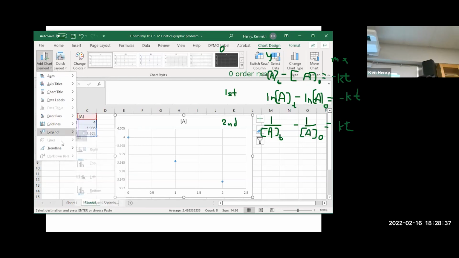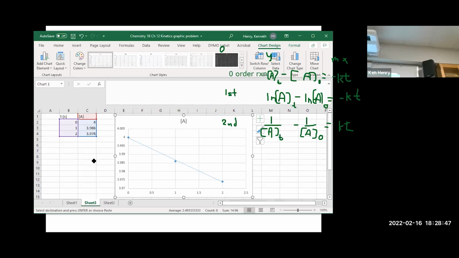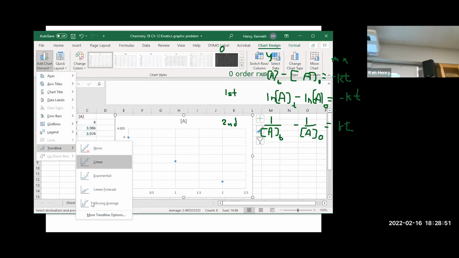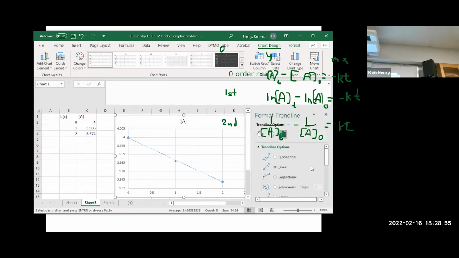You're going to go down to Trendlines. We expect it to be linear, so it'll fit. Then go back down to Trendlines, more trend options. This window is going to pop up on the side. You're going to hit linear.